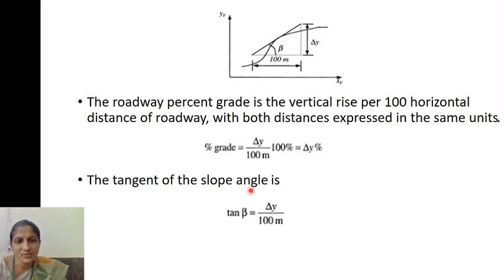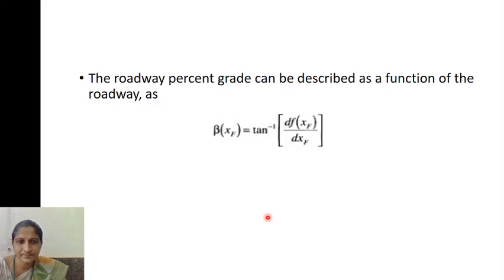Now the tangent of the slope angle is tan beta, equal to delta y by 100 meters. And the roadway percent grade can be described as the beta function, beta of xf equal to tan inverse of df by dx.